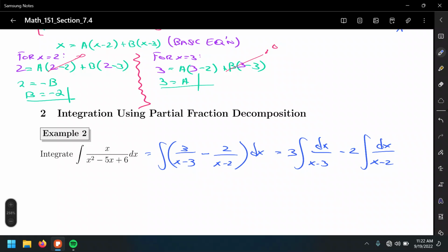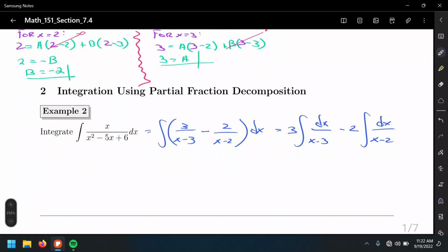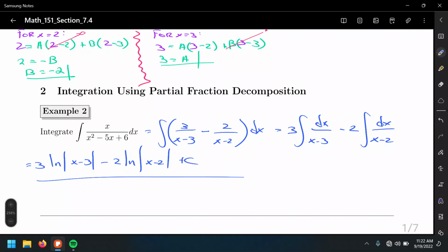Well, these are two very simple integrals. I mean, we don't even need to show the u substitution. For integrals like this, recall you can just go straight to the final answer. So that's going to be 3 ln of x minus 3 minus 2 ln of x minus 2 plus c.